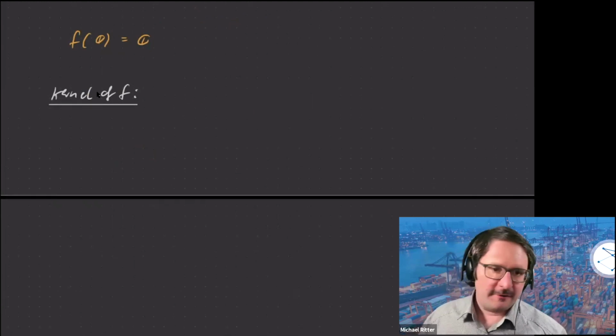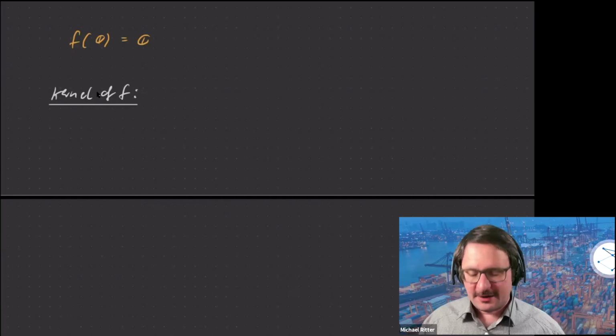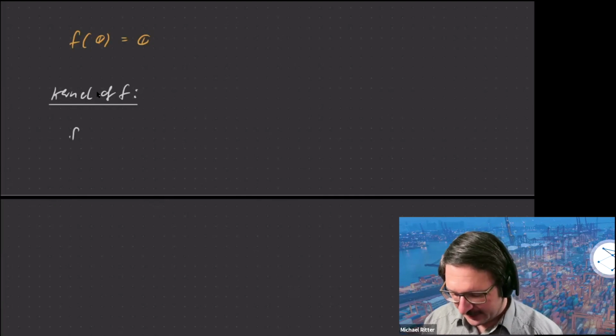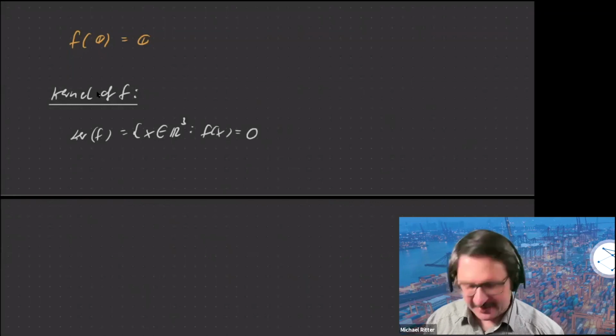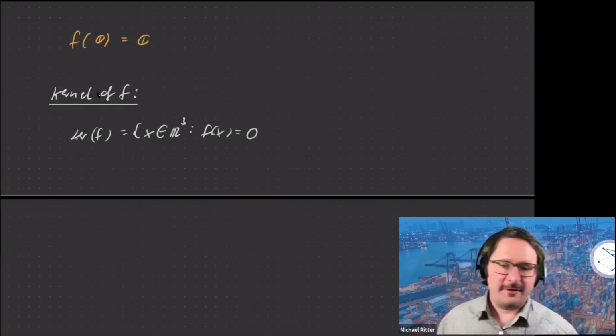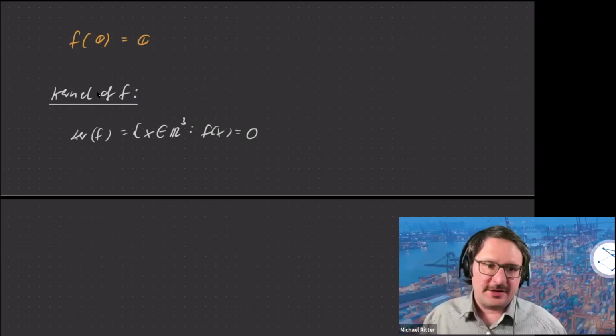The kernel of a linear mapping is defined in the same way as that of a matrix, basically. What you want is the set of all x vectors in the domain, so R3 in this case, where f of x equals the 0 vector. And in that case, the 0 vector of the vector space R is just the number 0.